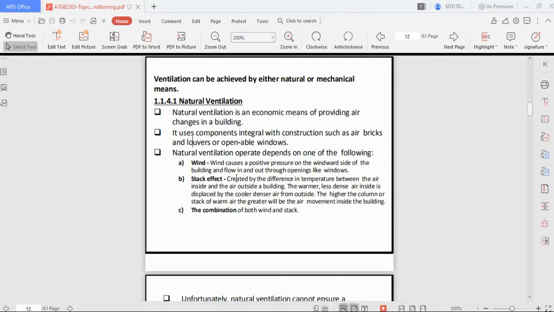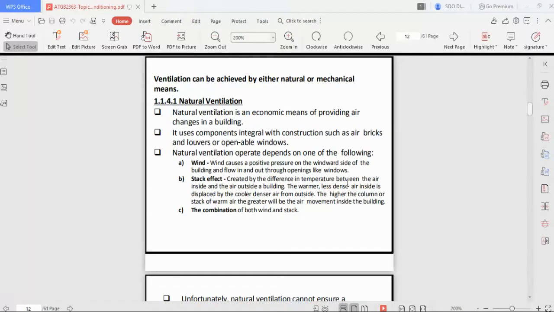Stack effect is created by differences in temperature between the air inside and the air outside. The warmer and less dense air inside is replaced by the cooler, denser air from the outside. If you can see here, the main point is less dense. This is the difference in pressure.